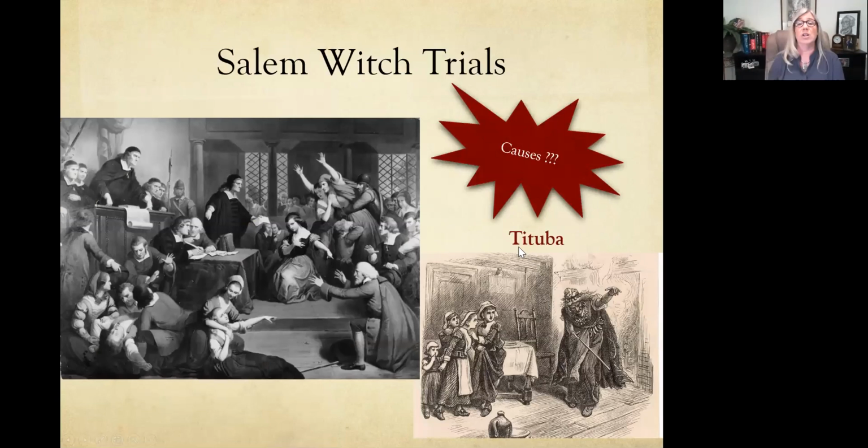So things just are not going the way that the Puritans would have wanted. And by the 1690s, there is all kinds of trouble breaking out, with people paranoid that there are religious dissenters living among them. And one of those events will be the Salem witch trials.